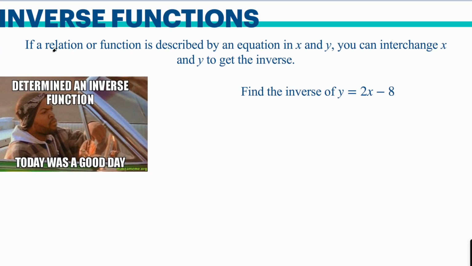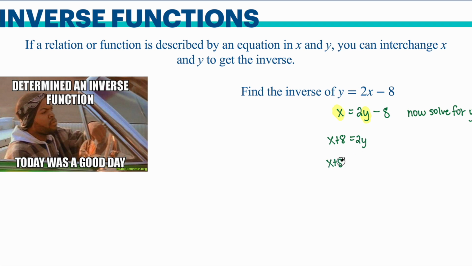And now to physically find the inverse of a function, what you're going to do is first swap the variables. Wherever you had x, you're going to put a y. Wherever you have y, you're going to put an x. Physically swap those variables. And then solve for y. So to solve for y, I'm going to add 8, and then I'm going to divide by 2.